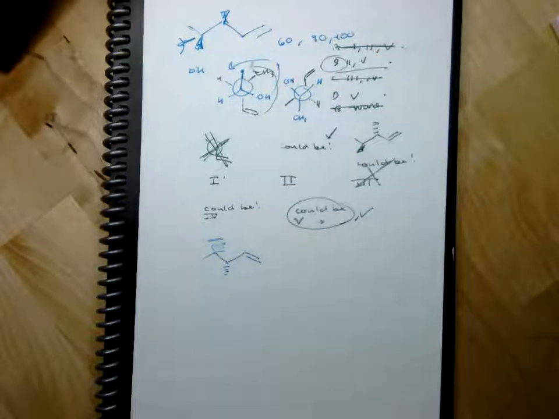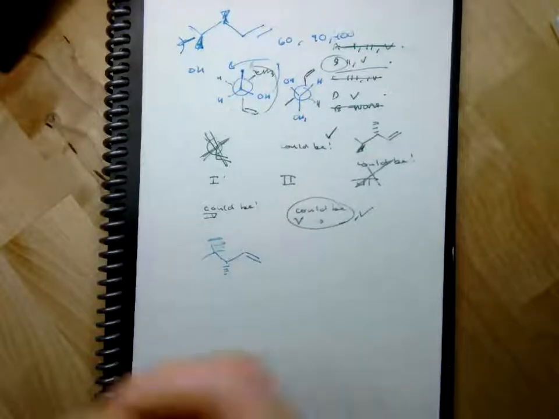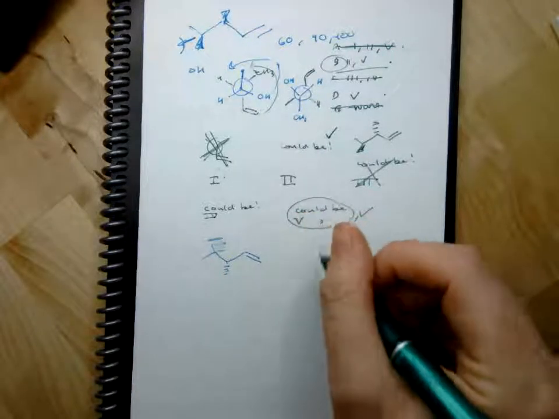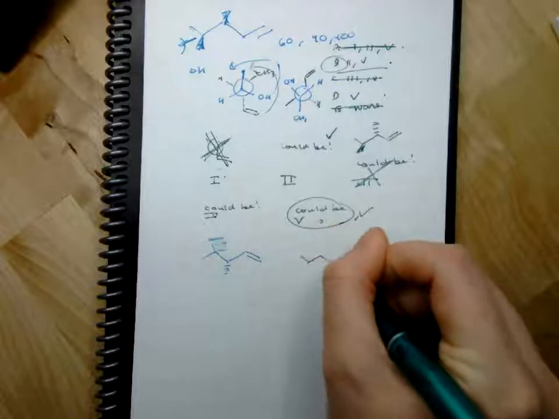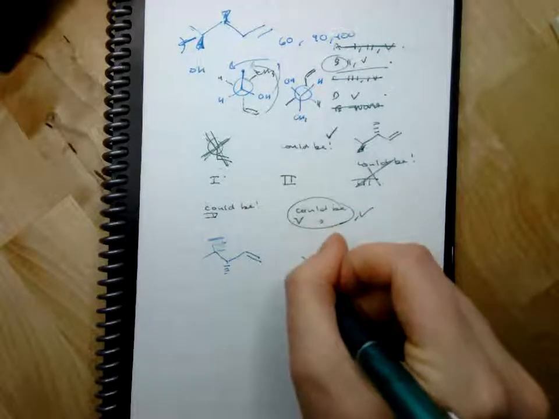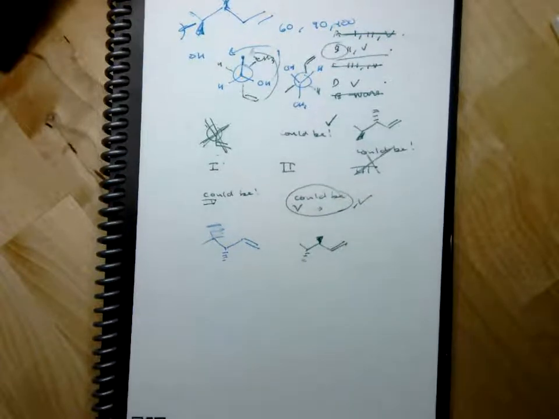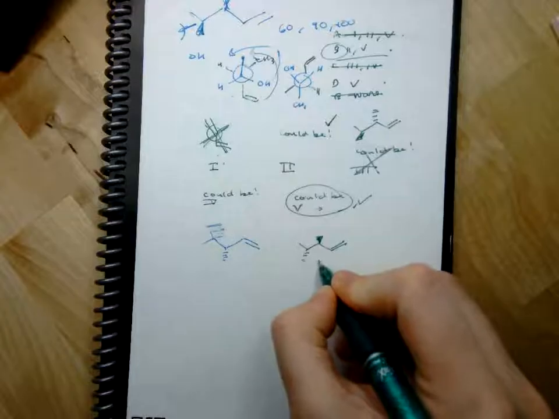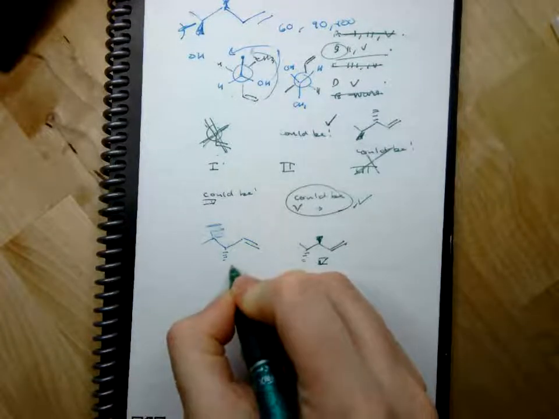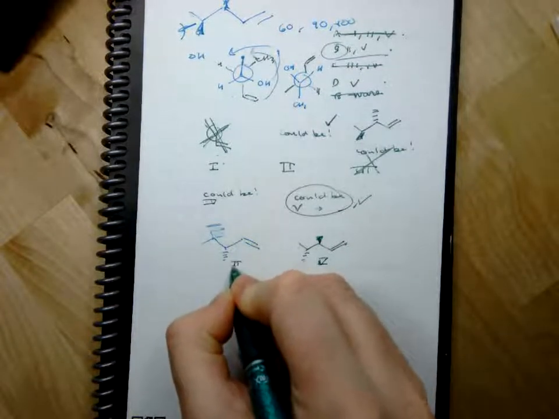And then for structure 4, it looks like they did the same thing, but with the front carbon. So structure 4 represents this one, and this is what structure 2 represents.